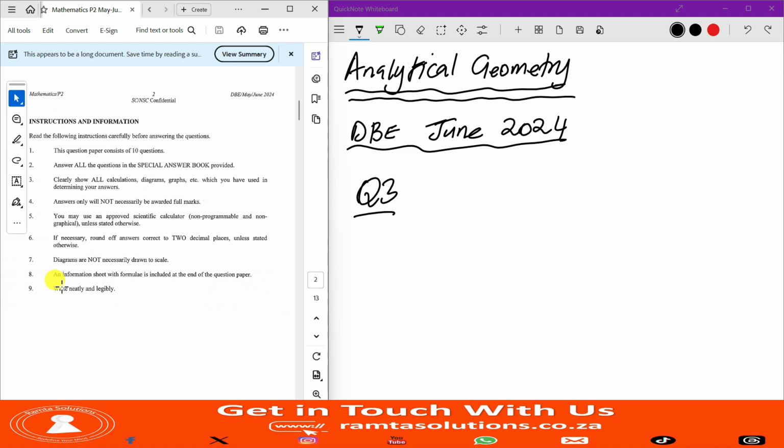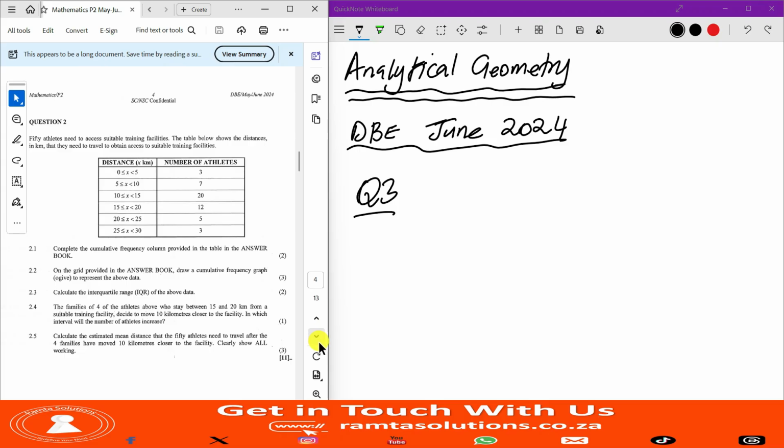That's very important. Also, because this is analytical geometry, don't forget instruction 7: diagrams are not necessarily drawn to scale. Highlight that. Good. Now let's get to our section.